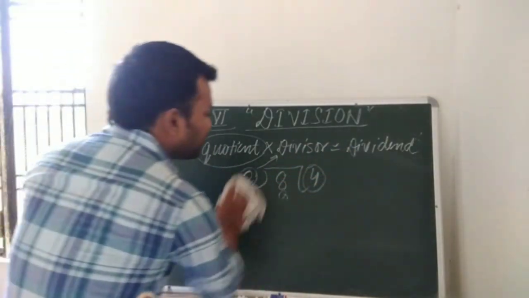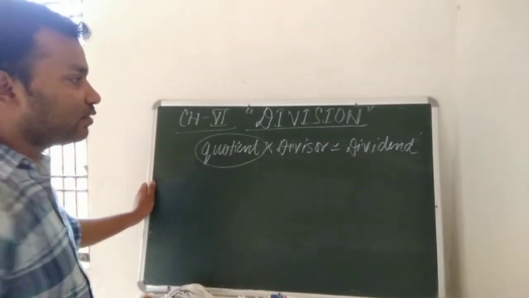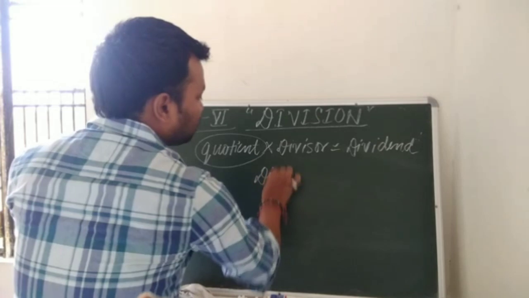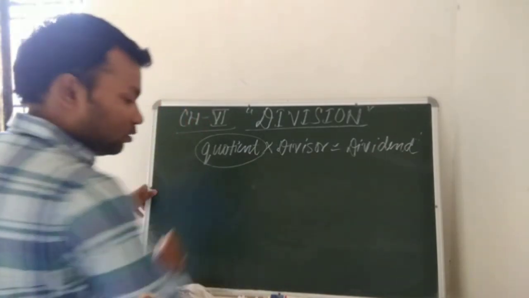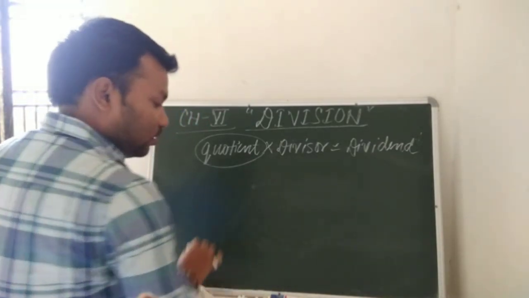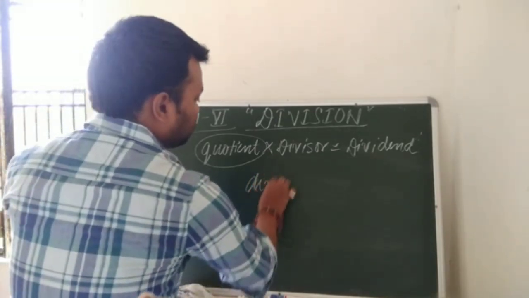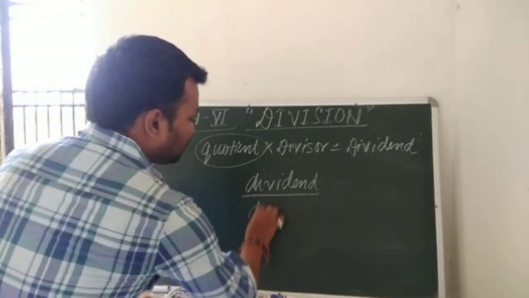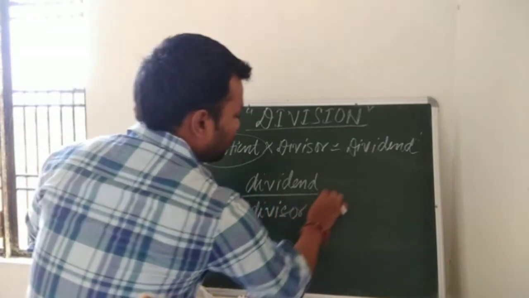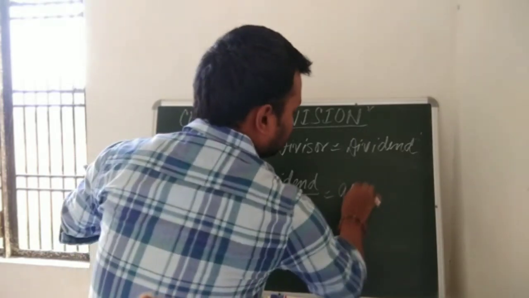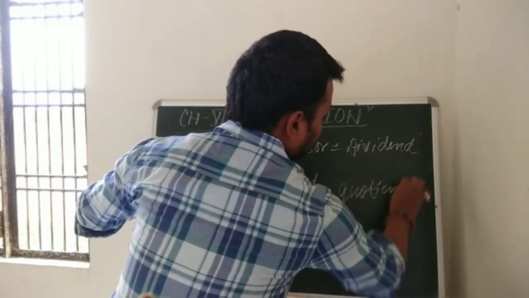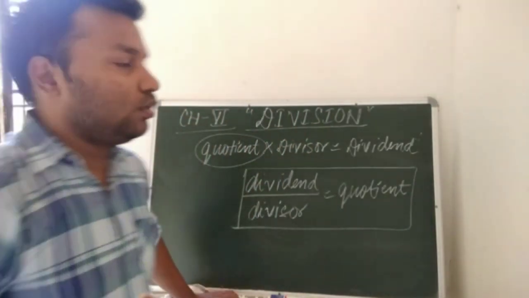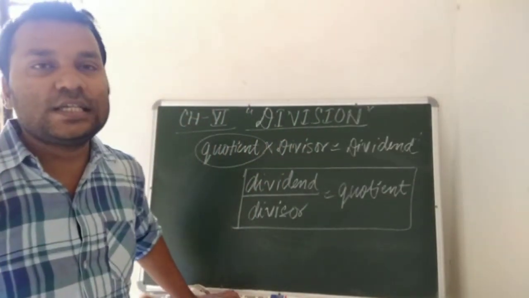Further, this relation can also be written in the form of a fraction like this: dividend upon divisor is equal to quotient. So this is the relation between these three quantities.